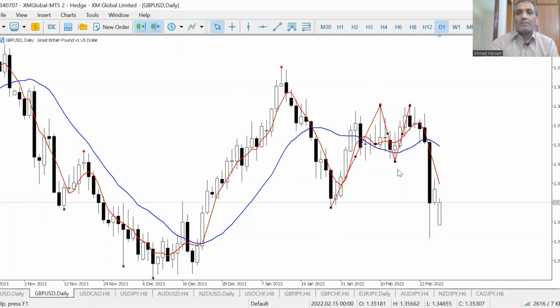And this CD leg. See, AB, BC, CD, the CD is 0.618 of this AB.